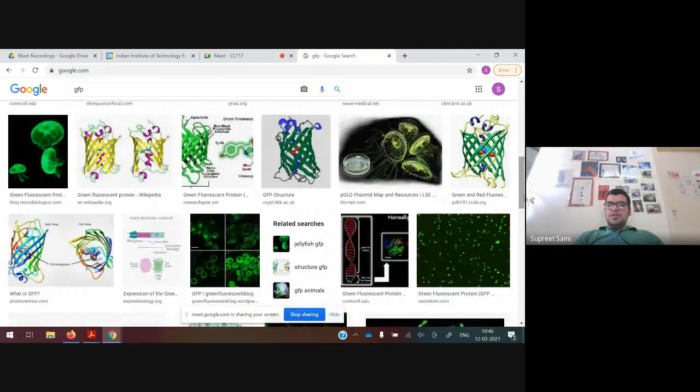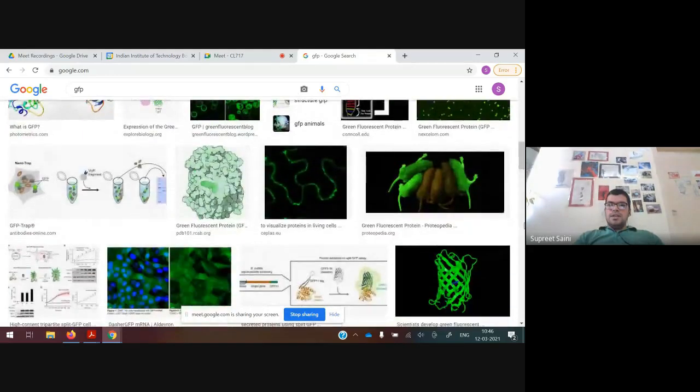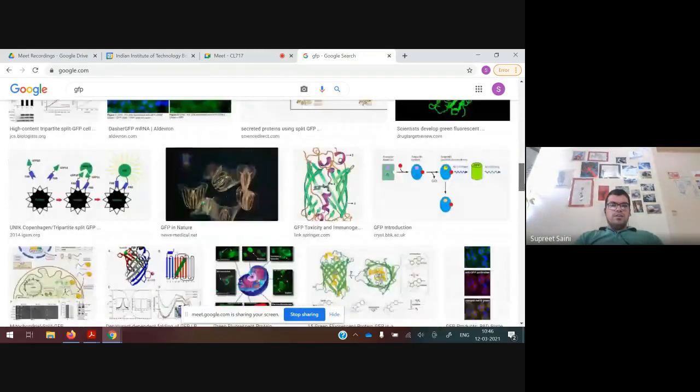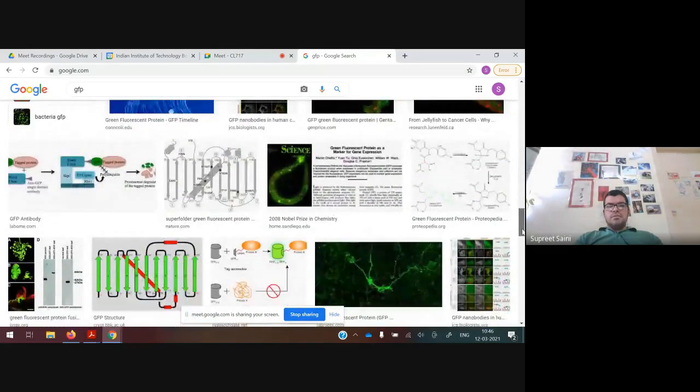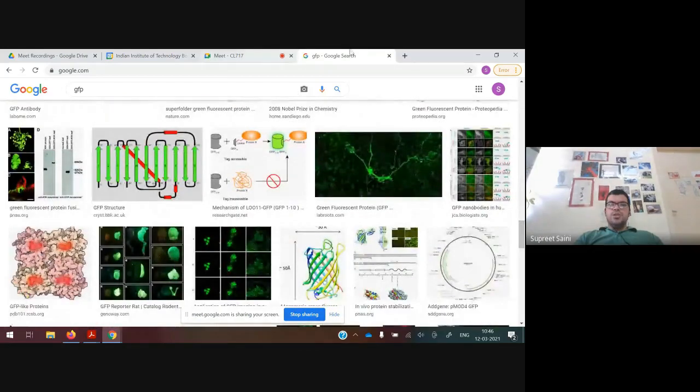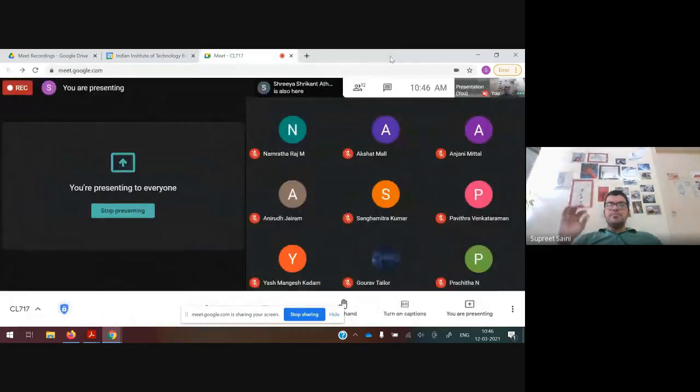This is just jellyfish. These are rats expressing GFP. So all these are biotechnology or science applications, studying biological systems using fluorescent proteins. Right. The point is, I can take this gene from jellyfish, put it in my system, and I will see my cells glow.